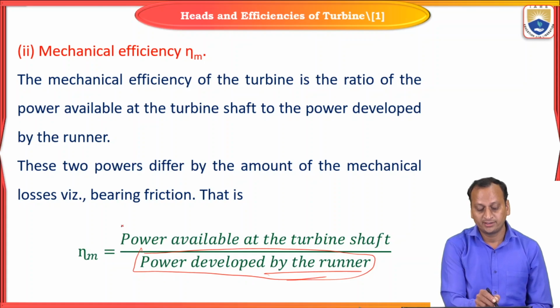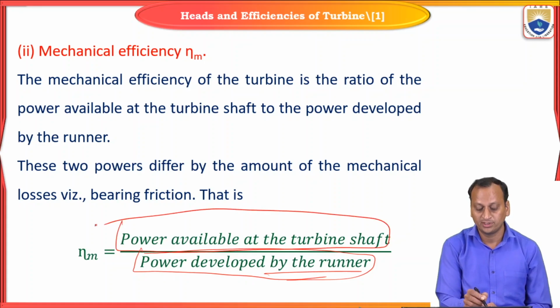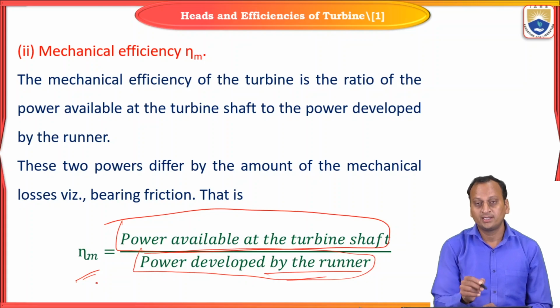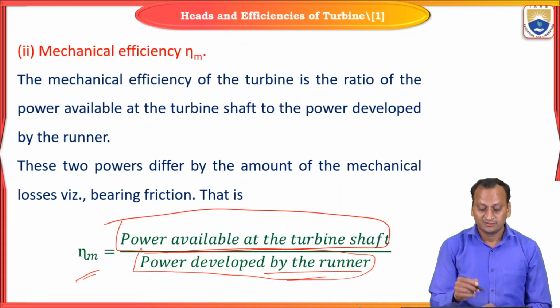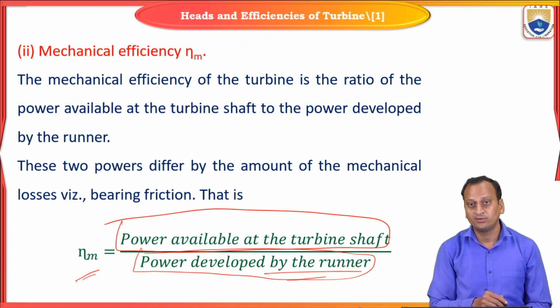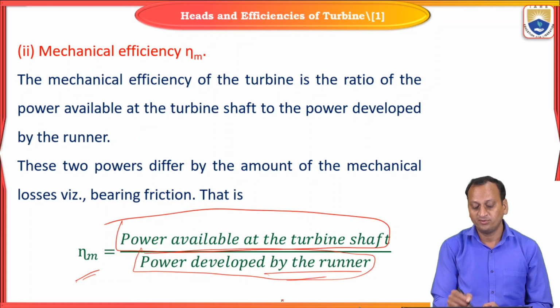Then at the exit of the turbine shaft, the available power relative to the power developed by the runner is mechanical efficiency. But here we should not consider the power developed due to the water. If you consider power developed by consuming the water energy, how much power is developed by the runner is hydraulic efficiency.